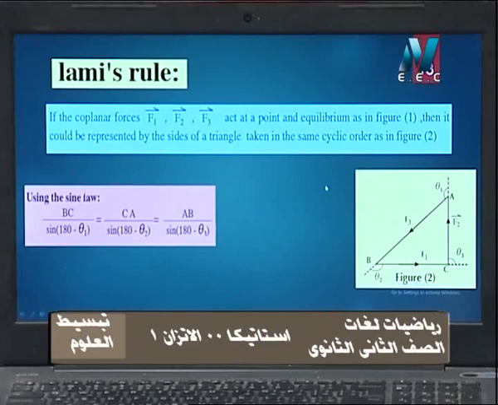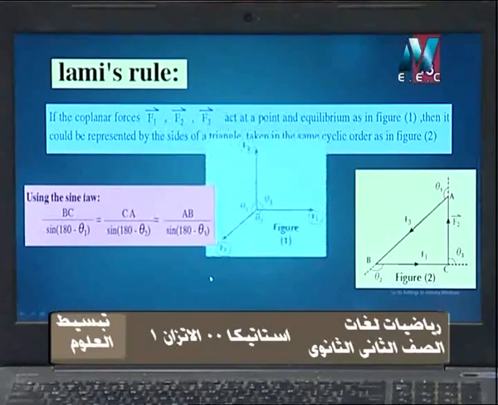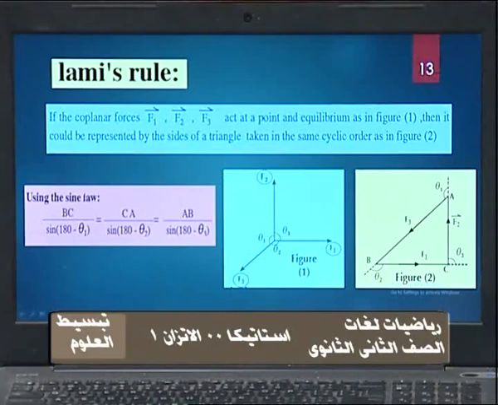Using the sine rule. You know, my dear students, the sine rule. It is BC, which is the side, over the sine of the opposite angle, which is 180 minus theta 1. I have drawn this figure for you: F1 opposite to theta 1, F2 opposite to theta 2, F3 opposite to theta 3.